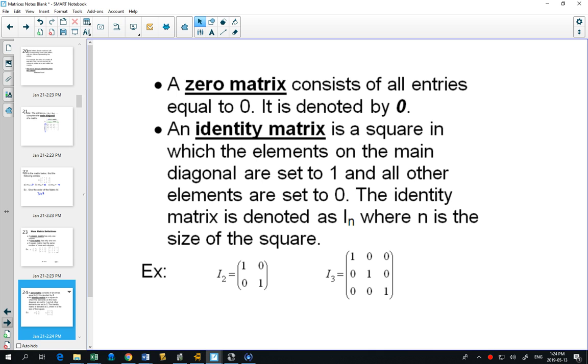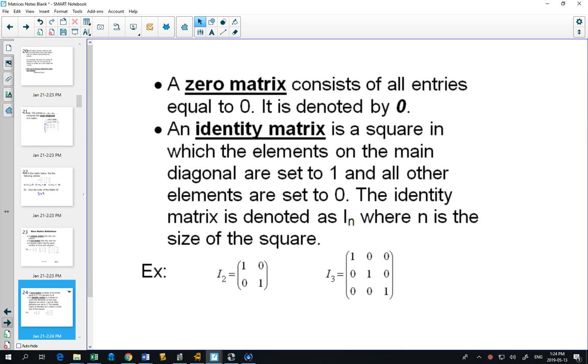This is the first one that's a little bit different. Identity matrix. Now, when you're talking about an identity matrix here, it's connected to the number 1. Okay? Now, with matrices, this is the special number 1.